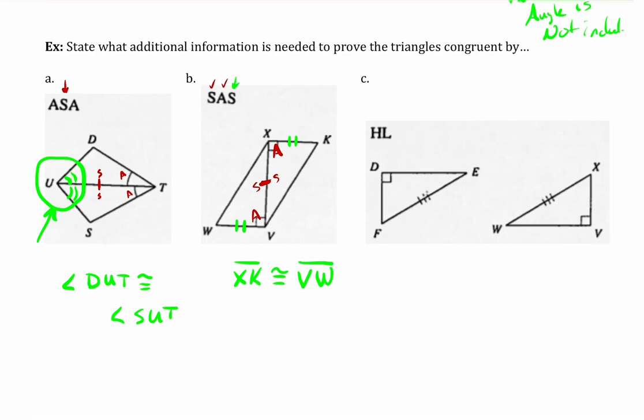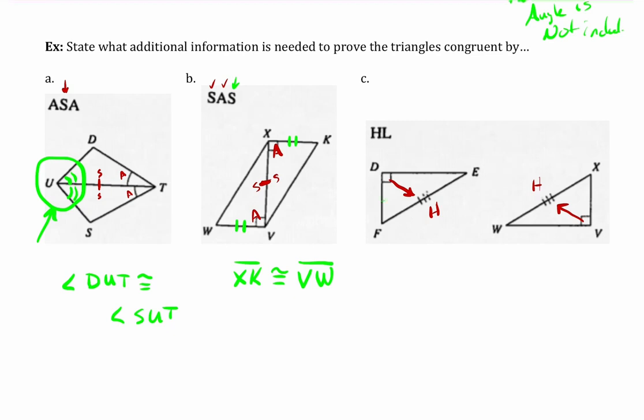Our final example here is looking at HL. If we look at this, we know that we have a right triangle. So it's a 90-degree right angle, which is good. And opposite the right angle, I have a hypotenuse. That's the H. So I would need one of the two L's.